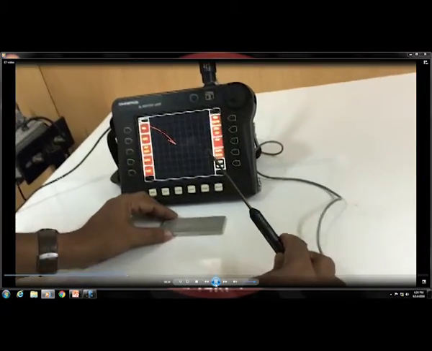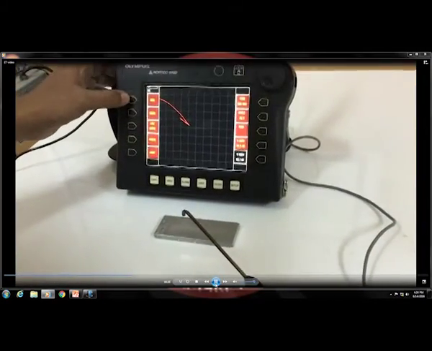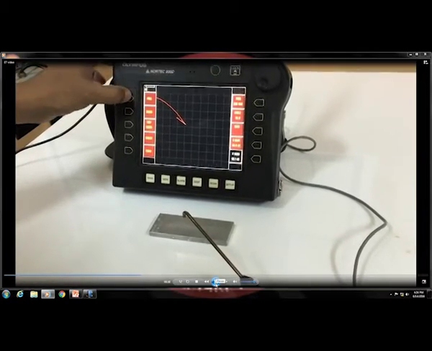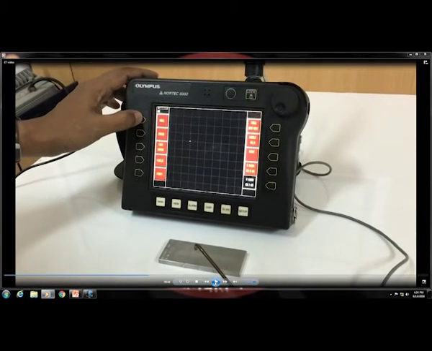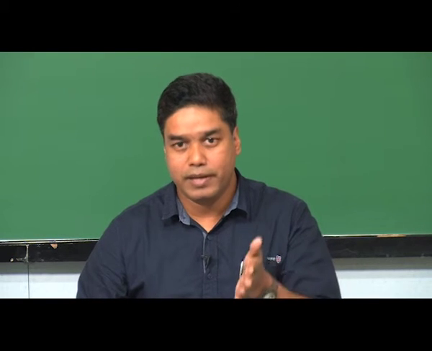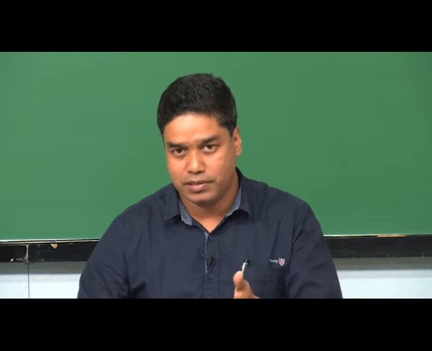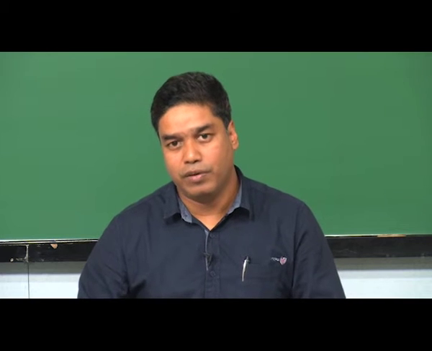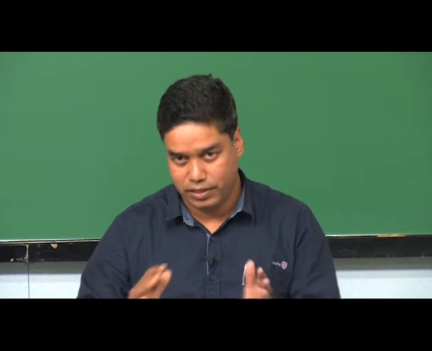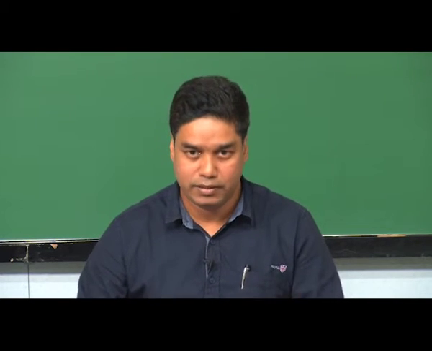So, what is done in the beginning, the first switch that I am pressing, that is called null. Null means you first balance the probe in the air. If you remember, we come down from air and then we decrease the lift off distance, and as you go very close to the sample surface, then you see the lift off curve when the eddy currents are induced.